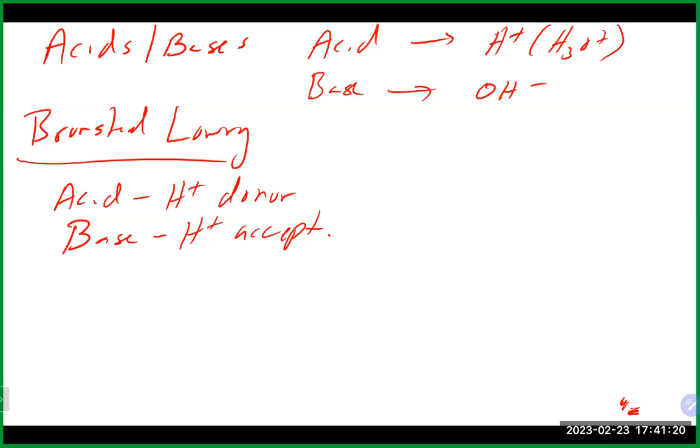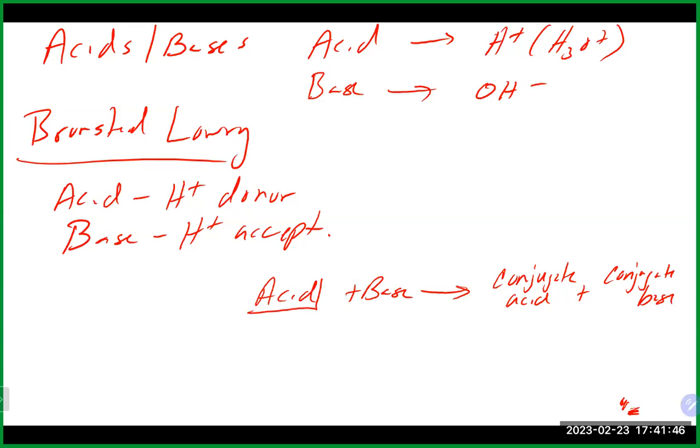The consequence of the Bronsted-Lowry definition of an acid and base is that it creates partners on opposite sides of the arrow. We have an acid and base on the reactant side, and they have their partners on the other side, known as the conjugate acid and the conjugate base.